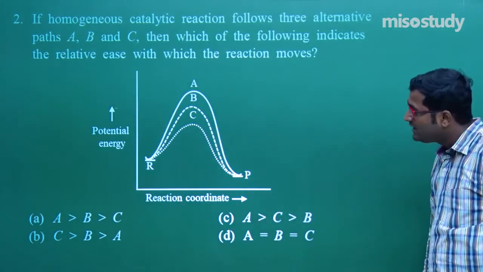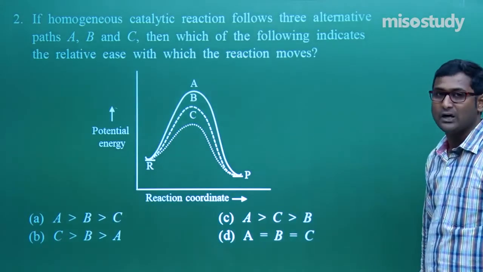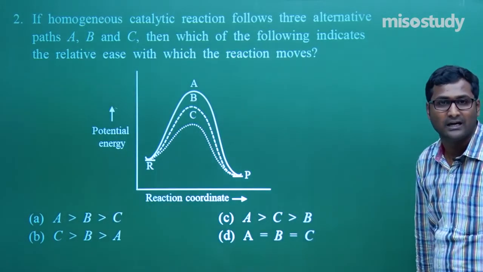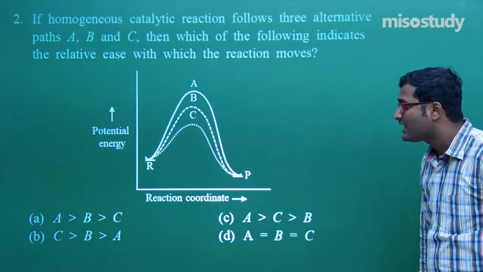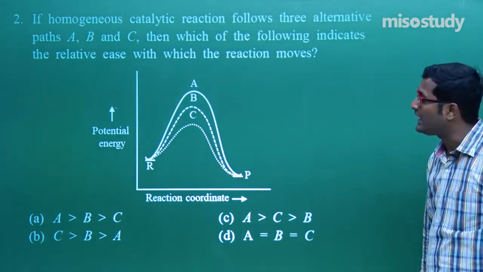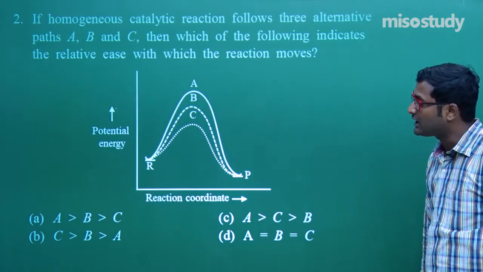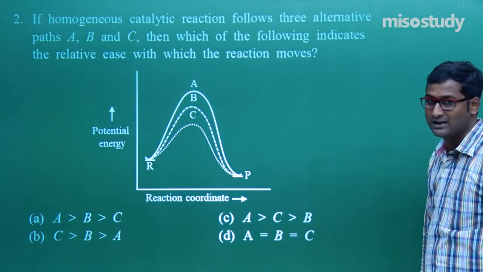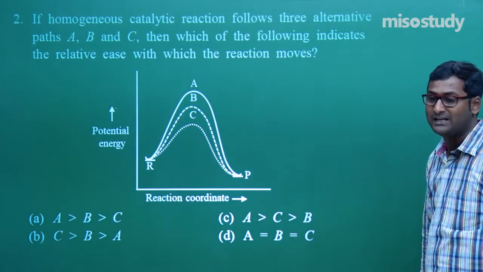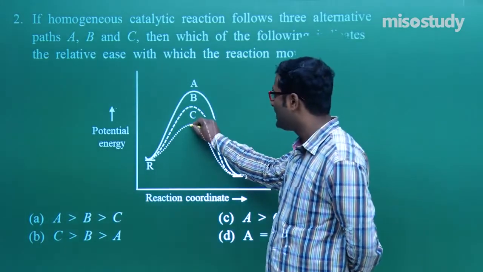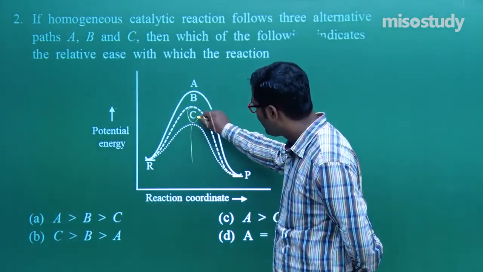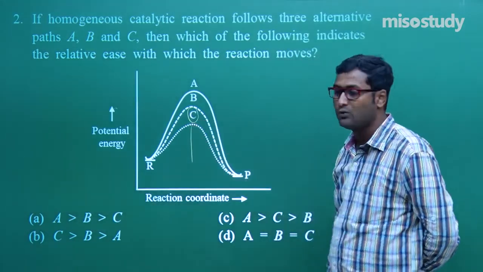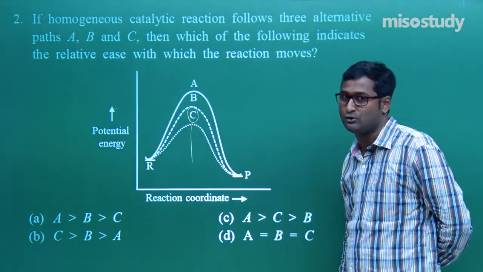As we know, if there is less requirement of activation energy, the reaction will move faster. Using the graph, which I discussed during my lecture, if we draw the graph between potential energy and reaction coordinate, this slope will give you the activation energy. Look at C, it requires less activation energy to proceed.